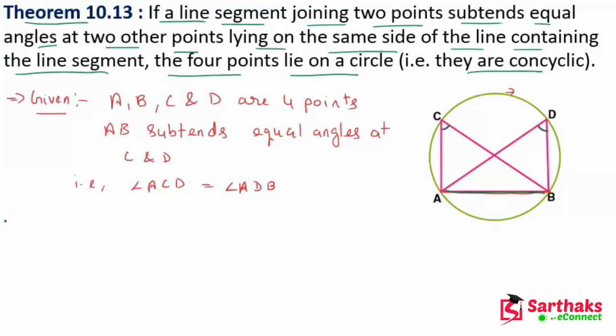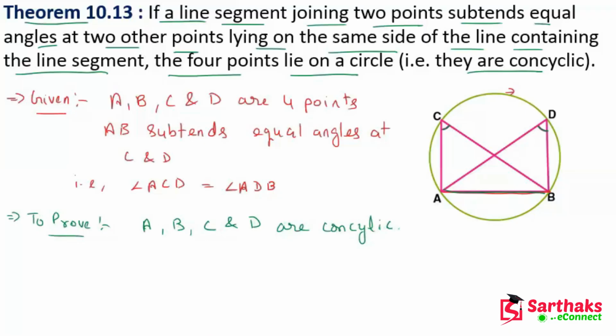I hope you get this point. Now we have to prove that A, B, C and D are concyclic, meaning these 4 points lie on the circle.